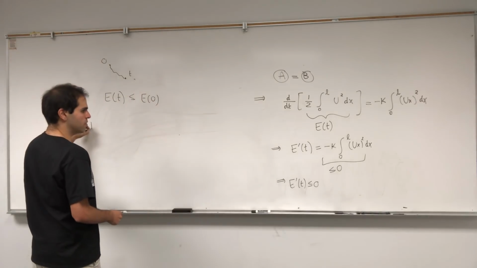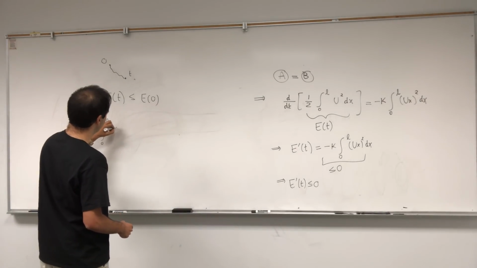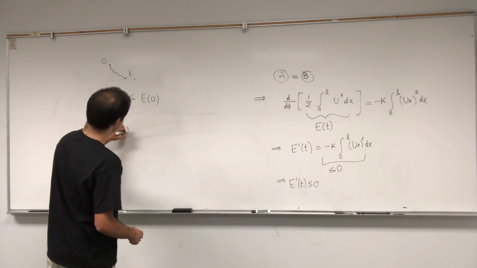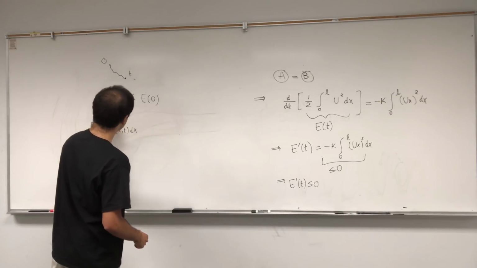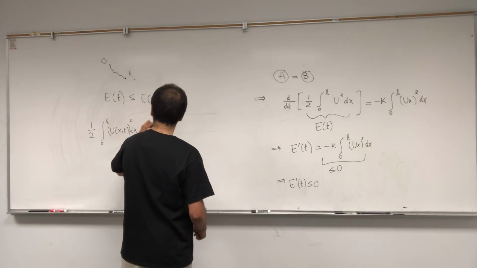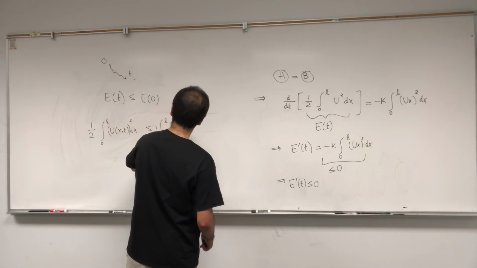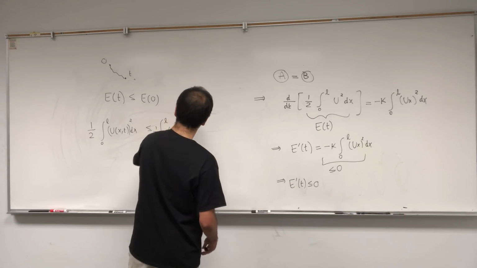And so what does that mean? 1/2 times the integral from 0 to L of u squared of (x,t) dx is less than or equal to 1/2 times the integral from 0 to L of u of (x,0) squared dx.